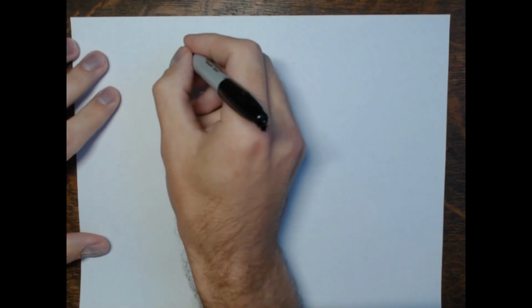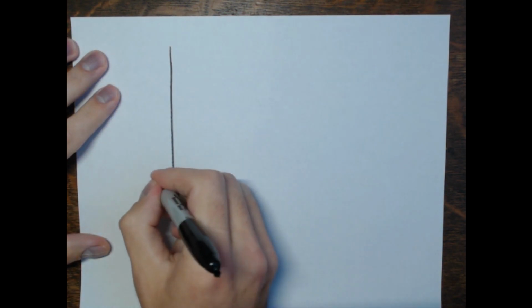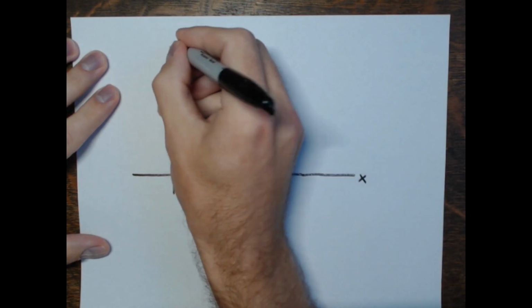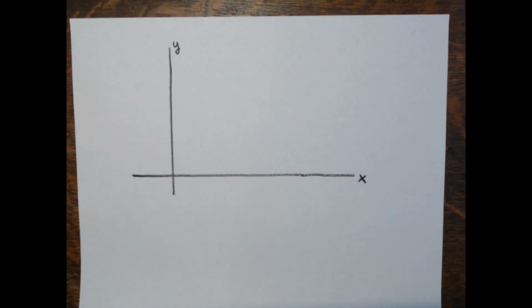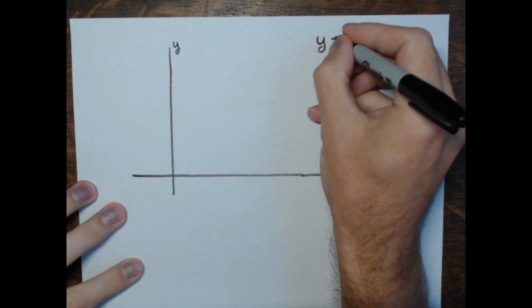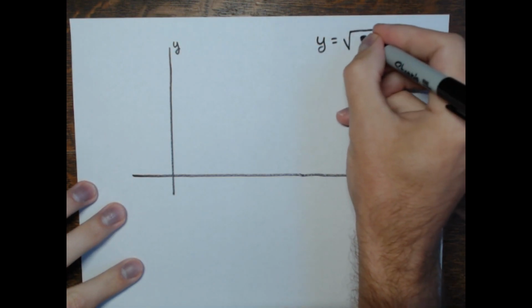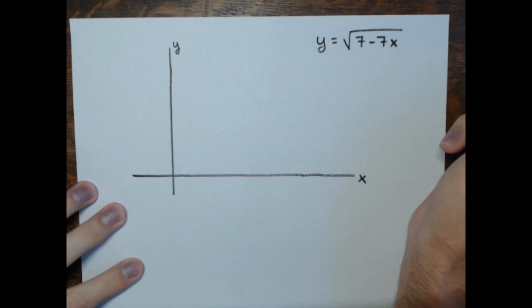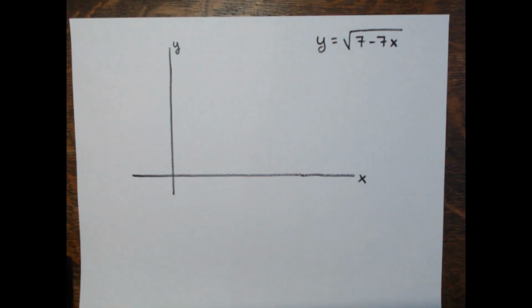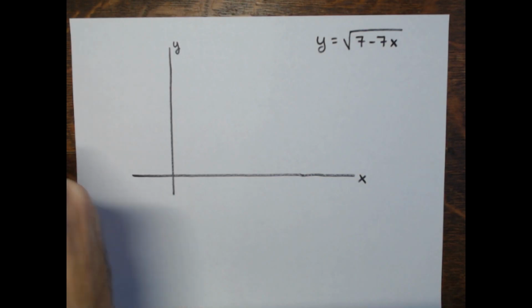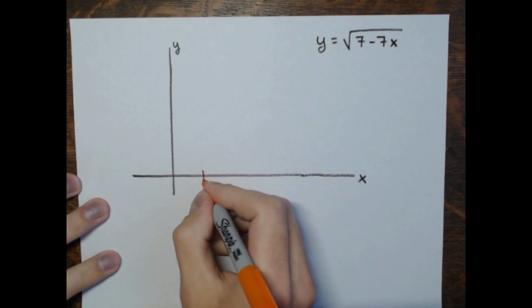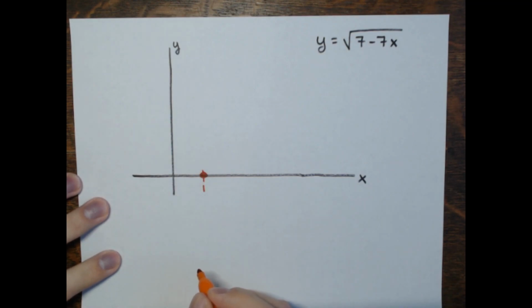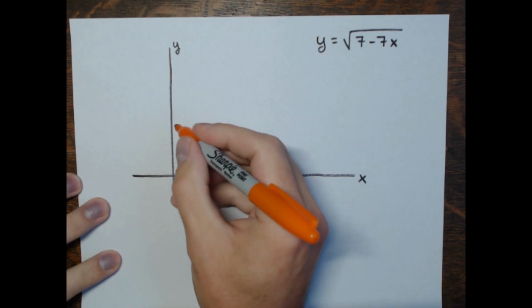So I'm going to draw this region that's going to be the base of our 3D figure. The curve given to us here was y equals the square root of 7 minus 7x. So this has the point 1, 0, and it's got 0, square root of 7.